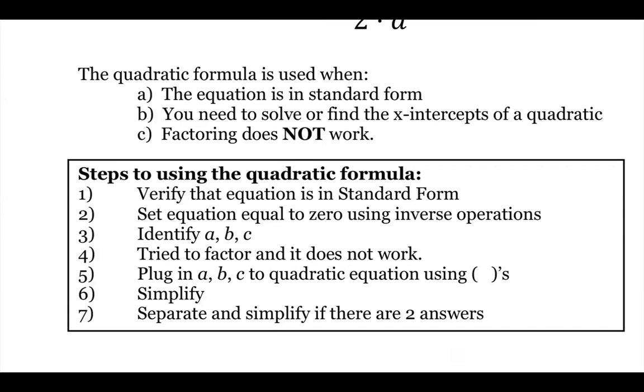Number 4 we've done many times. Factor. Factor means multiply A times C and try to figure out what adds up to be B. That's factoring. Bottoms up, that stuff, that was factoring. If that doesn't work, then we have to use the quadratic formula. Then with the quadratic formula, we plug everything in, we simplify it, and then we separate and solve.